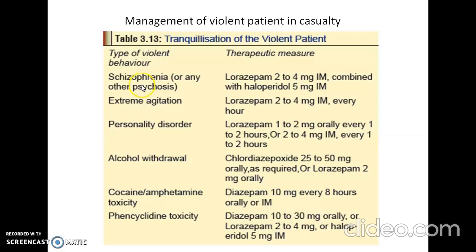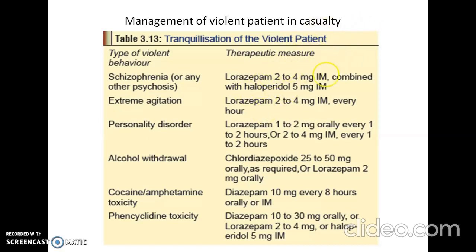Schizophrenia is a type of violent behavior. It may include any type of other psychosis. Lorazepam 2 to 4 mg intramuscular route combined with haloperidol 5 mg intramuscular route can be administered. If extreme agitation is observed, lorazepam 2 to 4 mg intramuscular route every hour can be given.